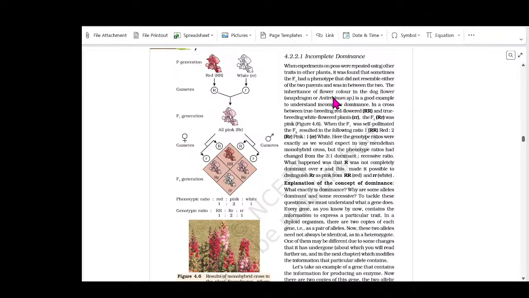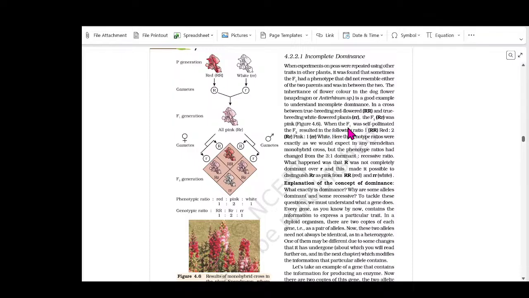The inheritance of flower color in the dog flower, snapdragon or Antirrhinum species, is a good example to understand incomplete dominance. In a cross between a true-breeding red-flowered plant (RR) and a true-breeding white-flowered plant (rr), the F1 (Rr) was pink.